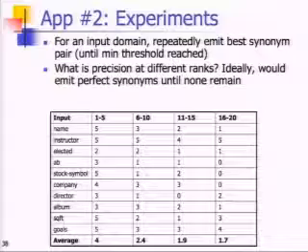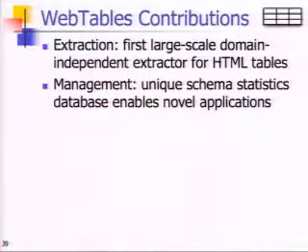Okay, so let's take a look at the ranking of things. We can see that as we go from the top 5, the second 5, the third 5, and so on, we do have a very reasonable drop-off in the average number of true synonyms that we're finding. So this is a rough summary of how well our ranking of potential synonyms is actually working. The contributions here are that we've achieved a pretty novel data set for the first time.